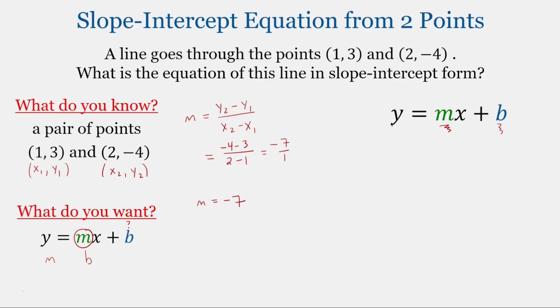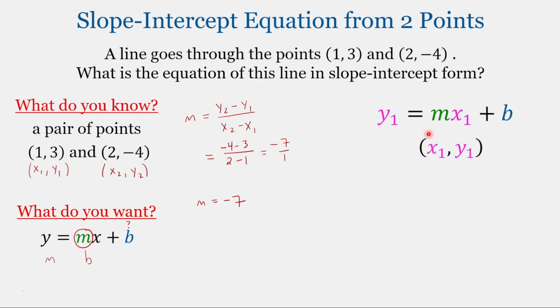And we never really messed with y or x. But y and x do represent something. This y and x, or x and y, well, it's an ordered pair. It is a point that is on the line.